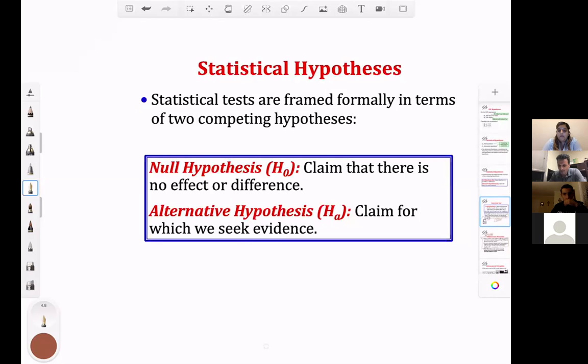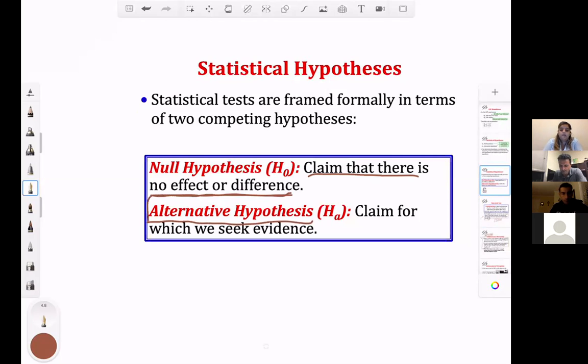Statistical tests are framed formally in terms of 2 competing hypotheses. The null hypothesis is the claim that there is no effect or difference. The alternative hypothesis is the claim for which we seek evidence.